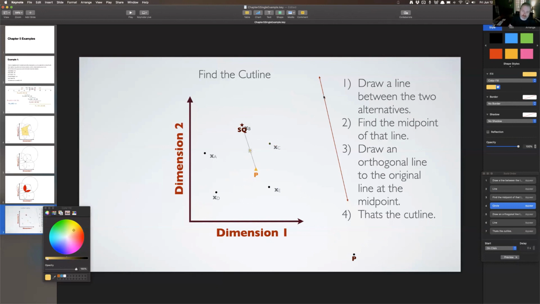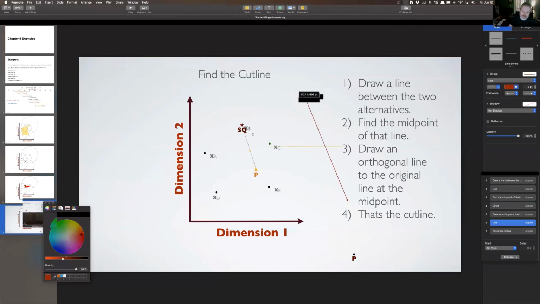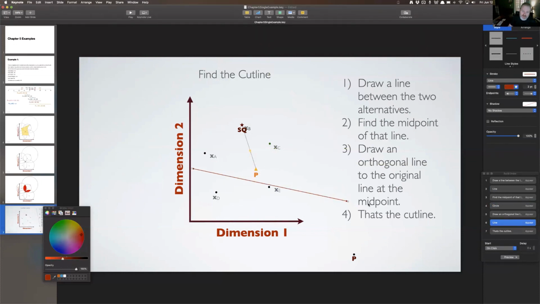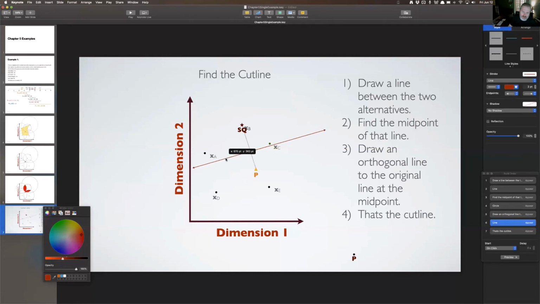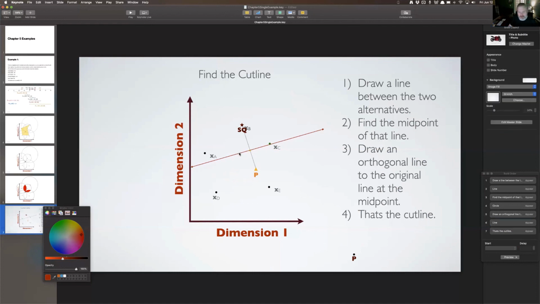Then draw a perpendicular line through the space at the midpoint. That looks pretty 90 degrees to me.